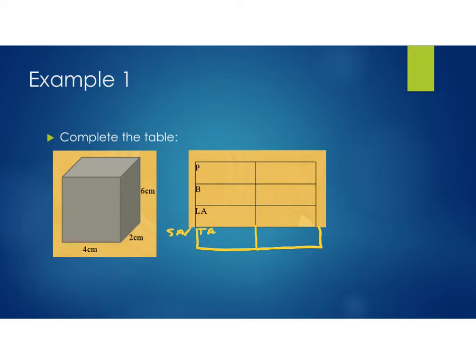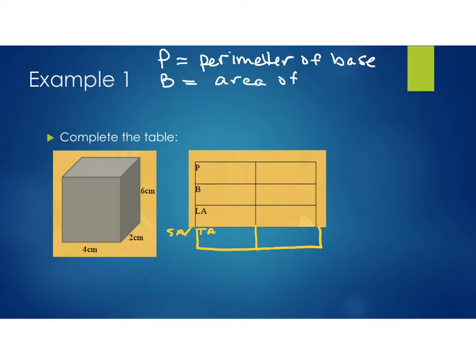So let's identify what the P, the B, the LA, the SA, and the TA all stand for. So here, the P represents the perimeter of the base. The B, the capital B, represents the area of the base.